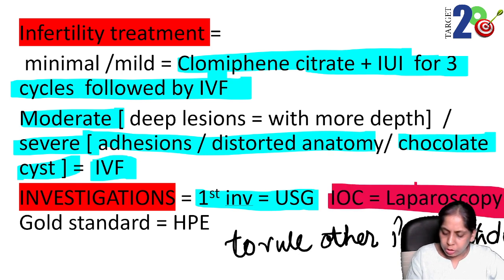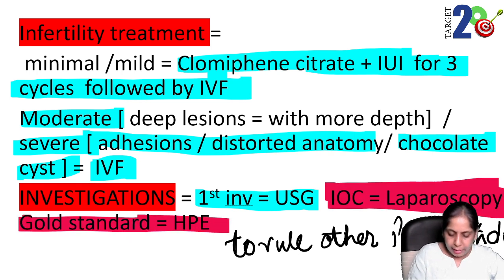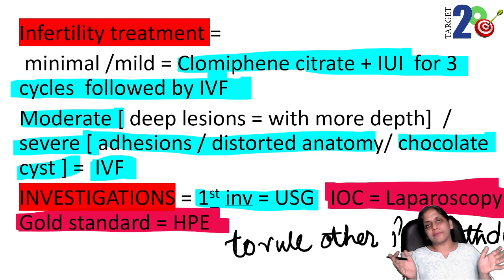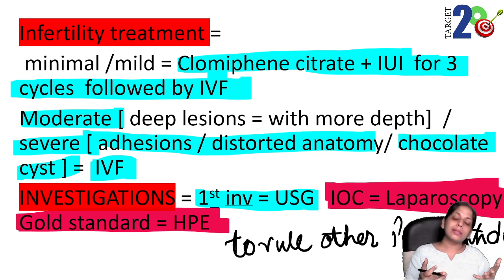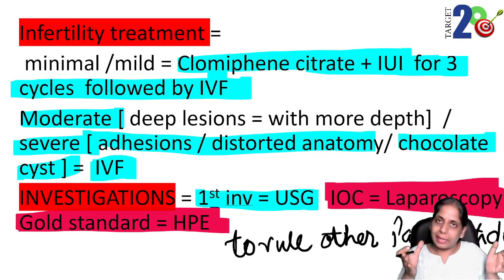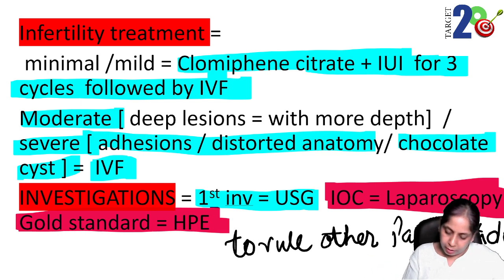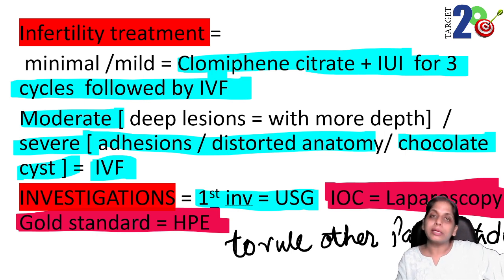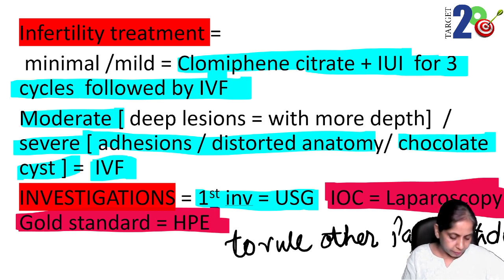The investigation of choice is laparoscopy, and the gold standard is of course histopathology, which will confirm that there are endometriotic glands and endometriotic stroma in the tissue which we were thinking to be endometrial glands. So the investigation of choice for endometriosis is always laparoscopy, but for ovarian endometrioma, it is ultrasound, with a very beautiful ground glass appearance.